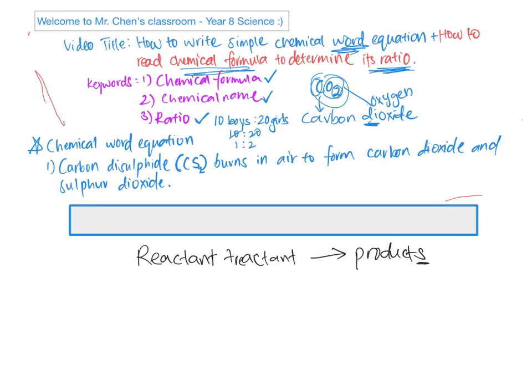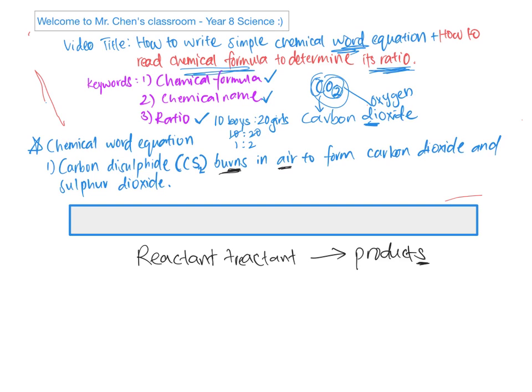So let's look at example number 1. In example number 1, we have carbon disulfide burns in air. When we see the word burns, we know straight away that it is going to produce a chemical reaction to form carbon dioxide and sulfur dioxide.